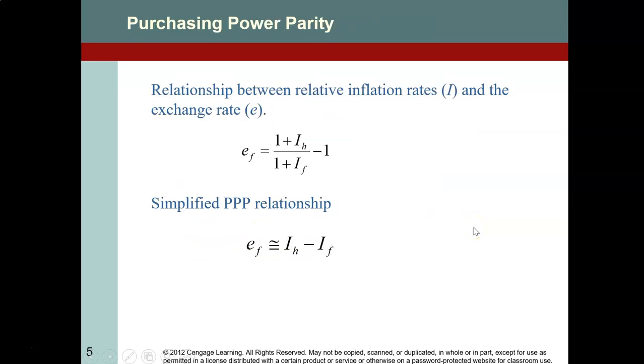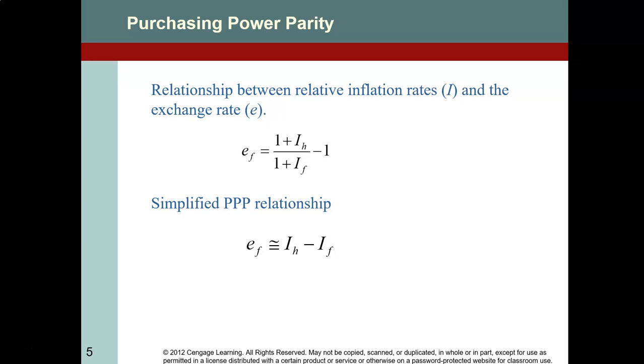purchasing power is equal. So our exchange rate will be adjusted if we have an inflation rate differential between the two countries, meaning the price is different in the two countries.